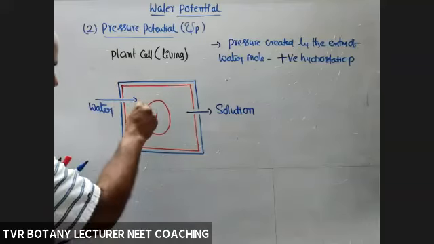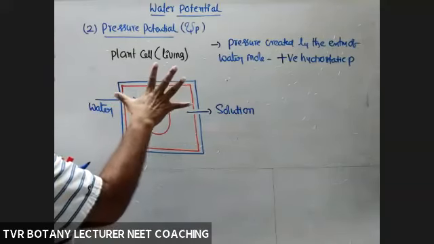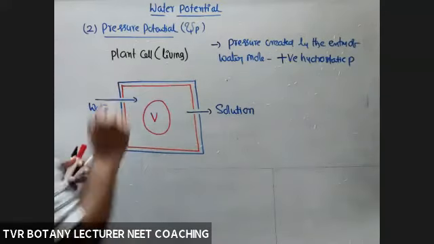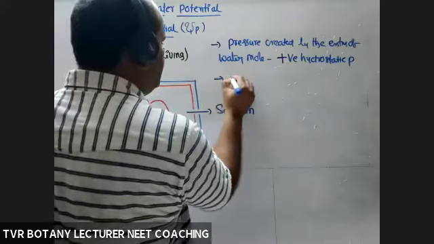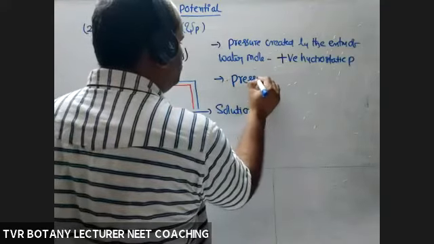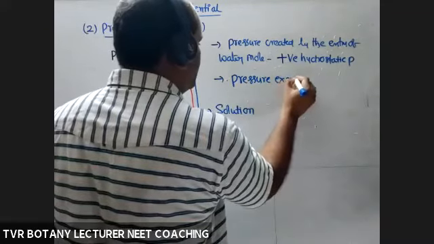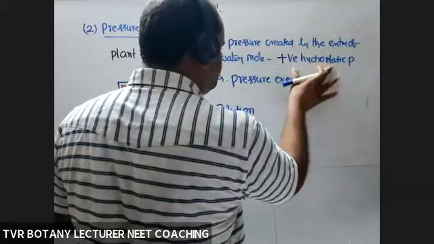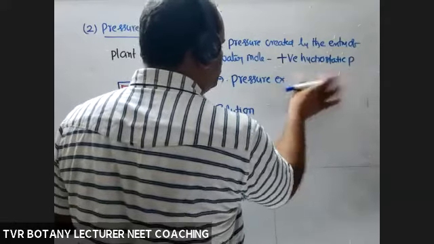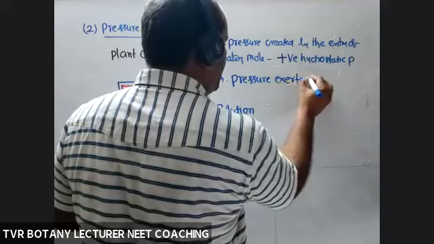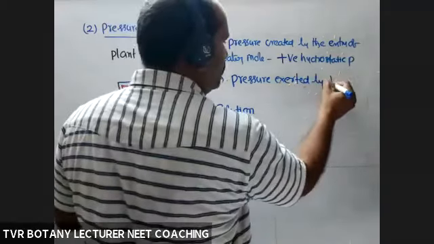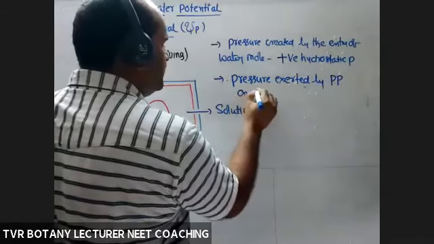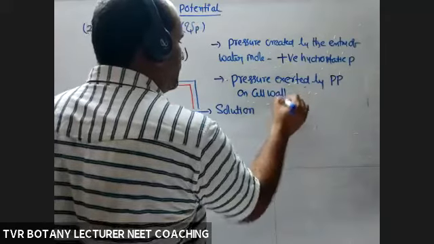So like that, because of entry of water molecules, what about protoplast expansion? Okay, so protoplast is able to exert pressure on the cell wall. So pressure exerted by protoplast on cell wall from center towards periphery.